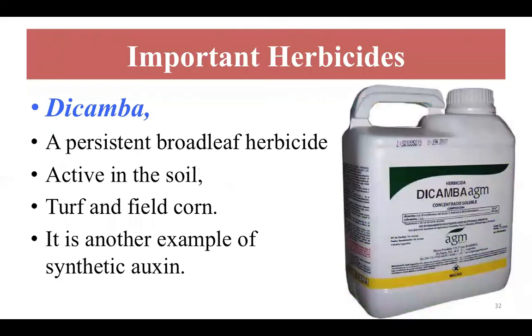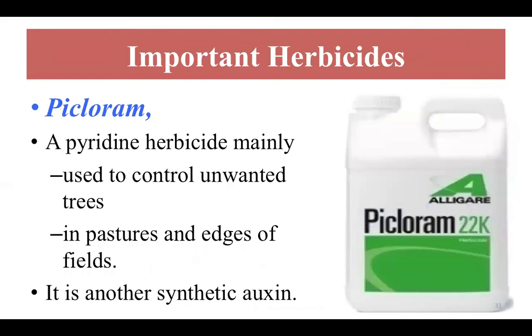Dicamba is another important herbicide, persistent against broadleaf vegetation. It is active in the soil and is used in turf and field corn. It is also considered an example of a synthetic auxin growth hormone.